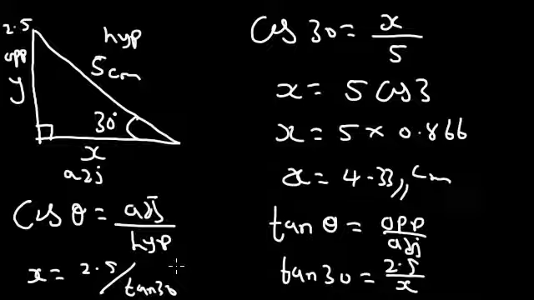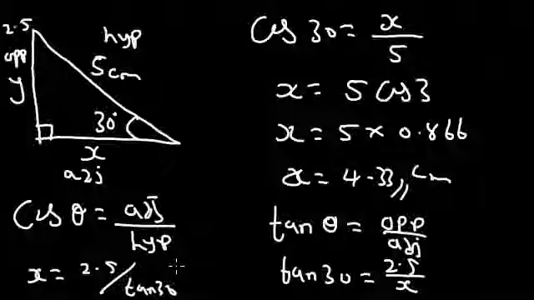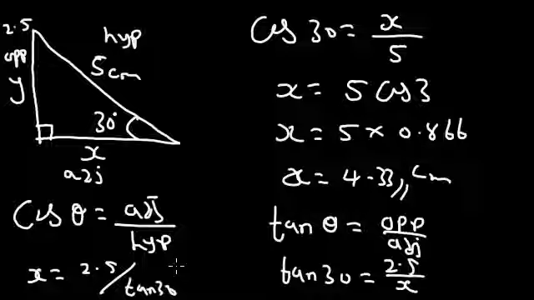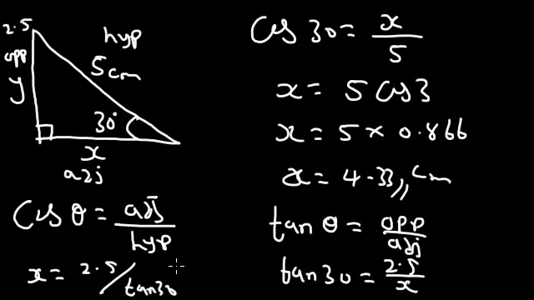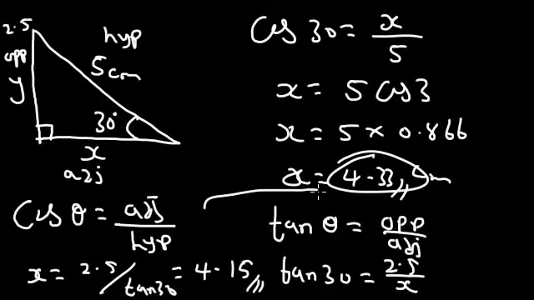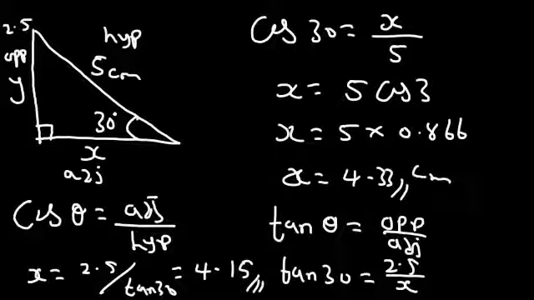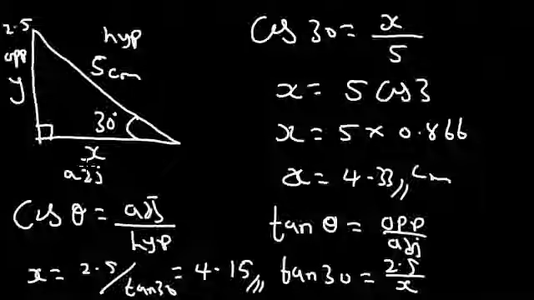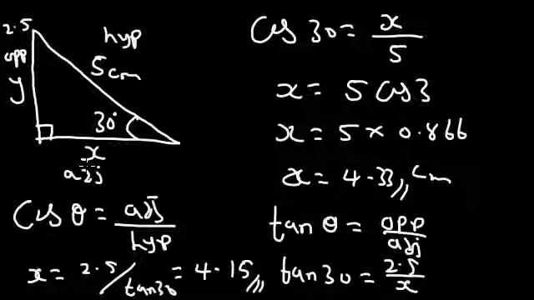When I type 2.5 divided by the tan of 30, you will observe that we end up with almost the same result, approximately 4.33. The answers will be very close, or sometimes, most times, exactly the same, probably because the question was formed offhand.